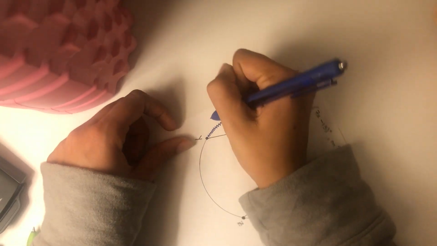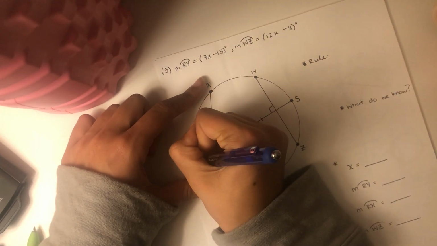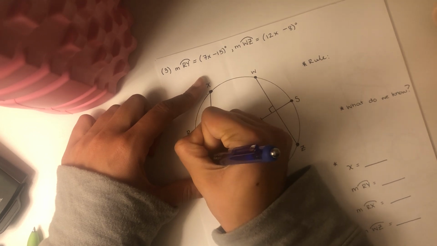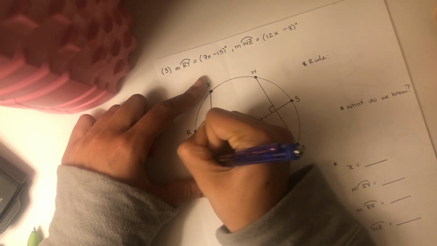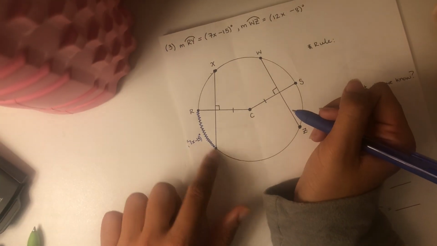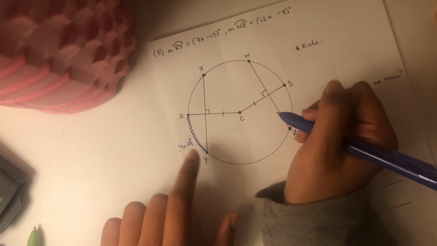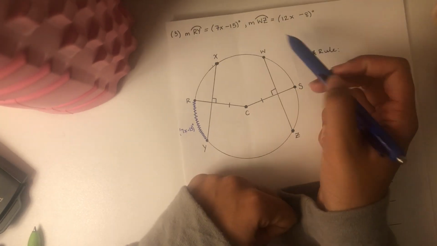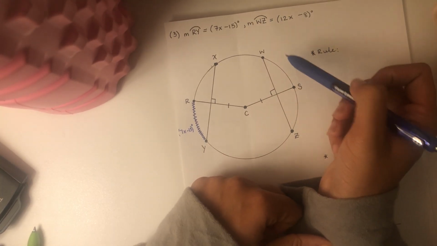And this blue part is 7x minus 15 degrees, right? This is talking about an angle measure, a degree measure, I mean. All right, so we also have WZ.